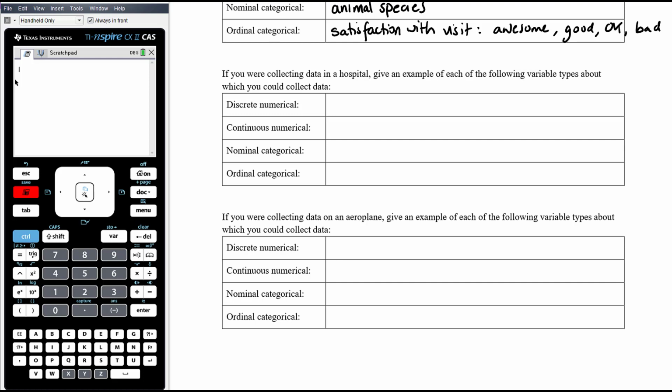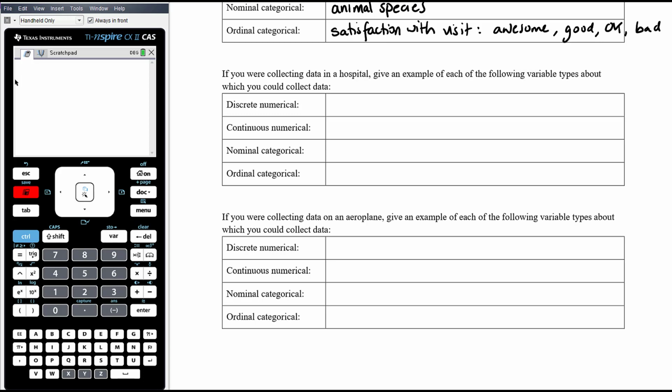Nominal categorical, an unordered category, could be different meal options: vegetarian, vegan, kosher, halal, whatever. Ordinal categorical might be, you can always go back to a survey related thing or a ranking related thing. Level of satisfaction with today's flight, similar to what we did with the zoo or something along those lines.